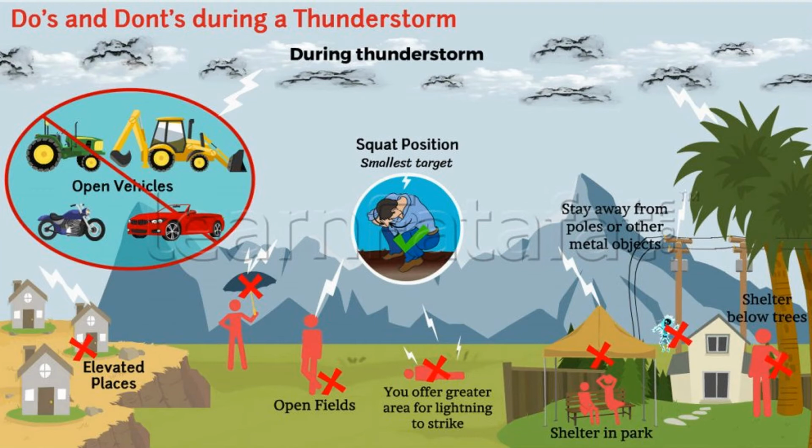This position will make you the smallest target to be struck. That is, in this way, minimum part of your body is exposed to lightning strike. Do not lie flat on the ground because you expose more surface area to lightning.